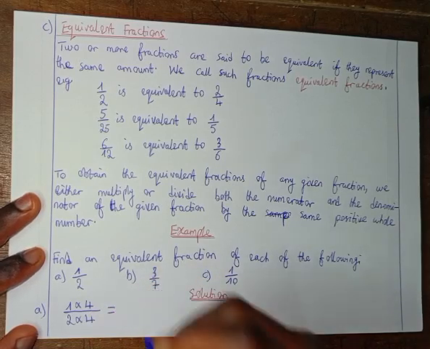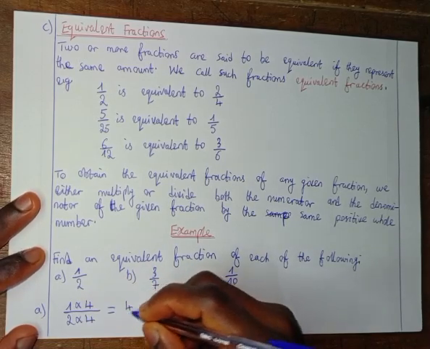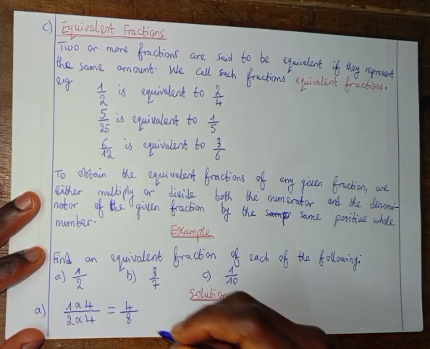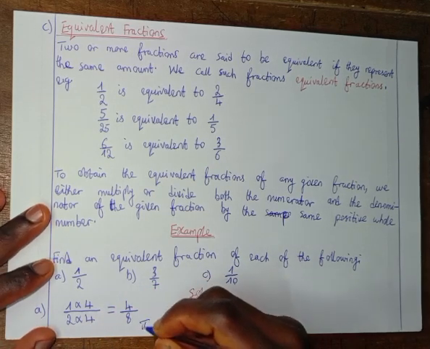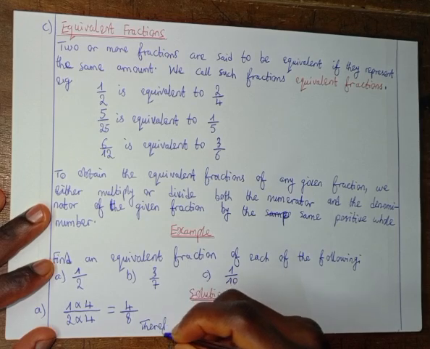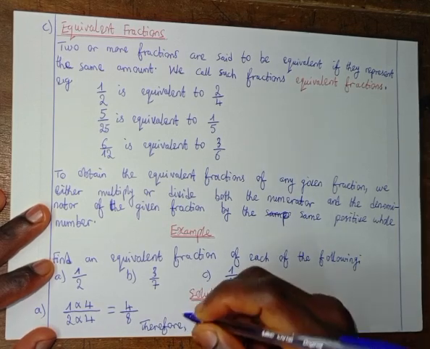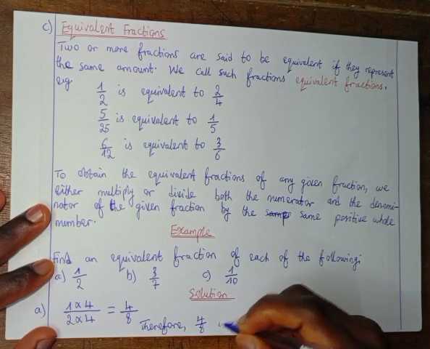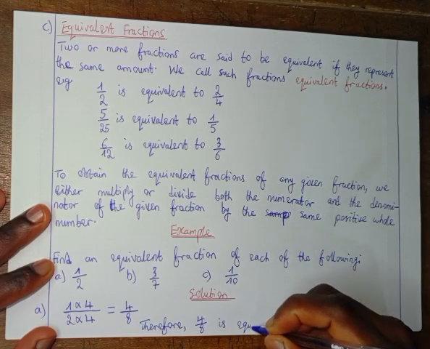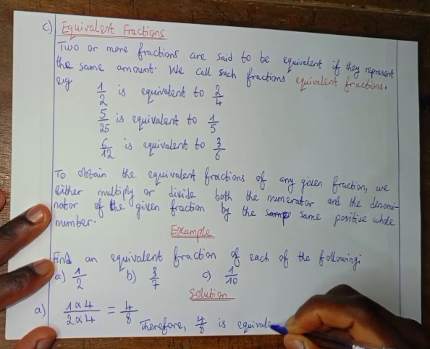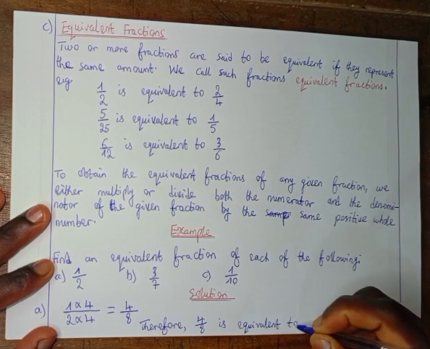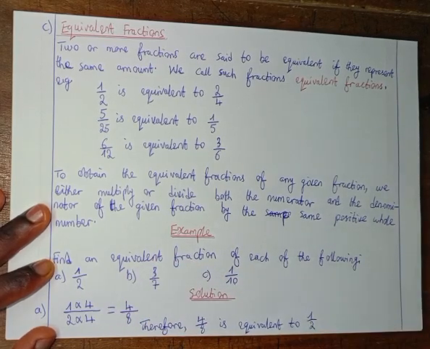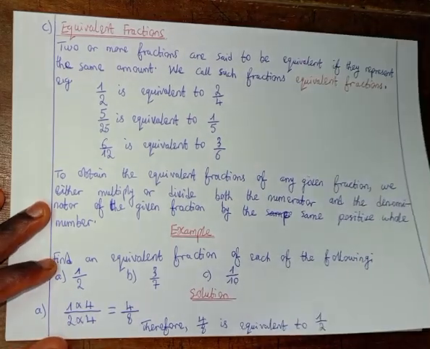So this will give us 4 all over 8. We conclude, therefore, fraction 4 over 8 is equivalent to the fraction a half. That means they represent the same amount.